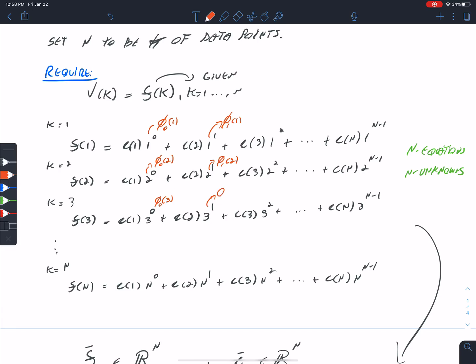And here you have phi 1 of 3, and so on, all the way to the end, where you have phi n minus 1 of 1, phi n minus 1 of 2, and so on.